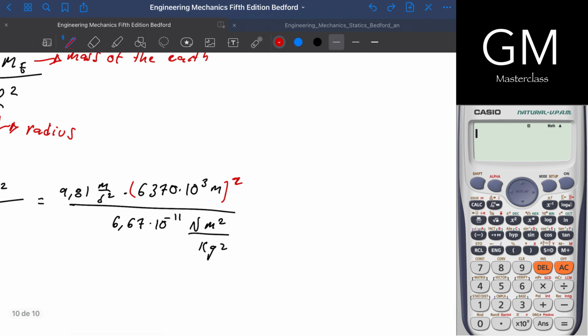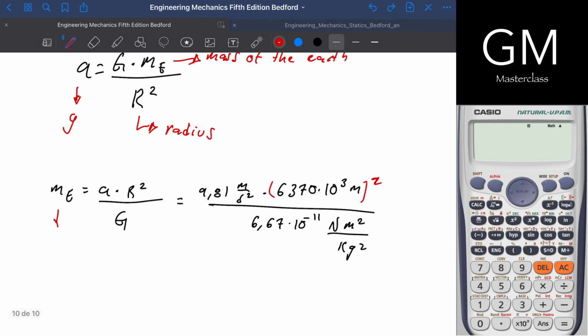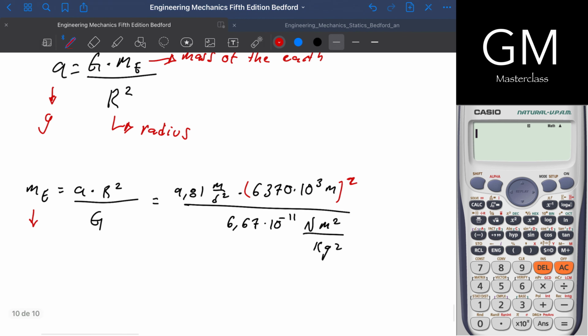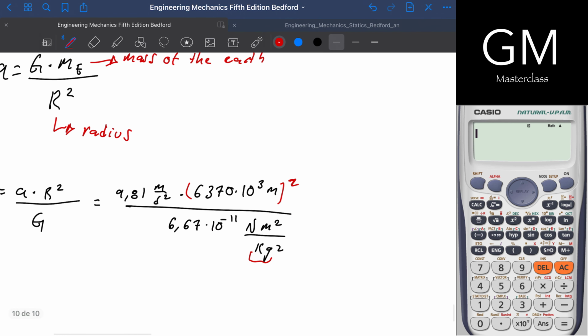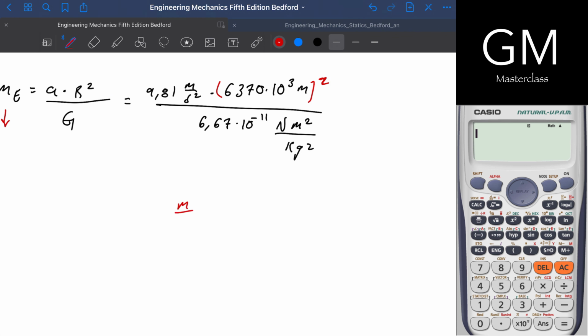Now I'm going to play with these units, so I know for sure that at the end of the equation I'm going to get a unit for the mass, which in this case should be kilograms. Now I have meters divided by square seconds multiplied by meters to the second power divided by newtons multiplied by square meters divided by square kilograms.